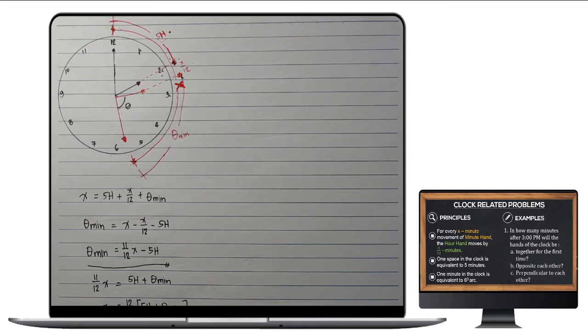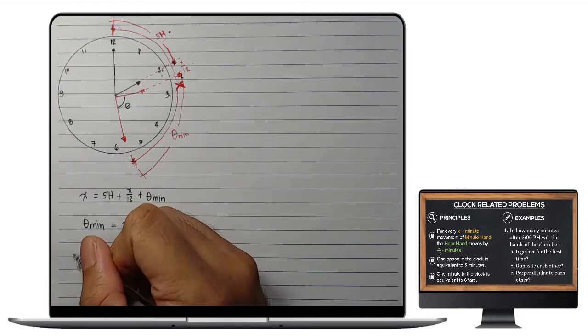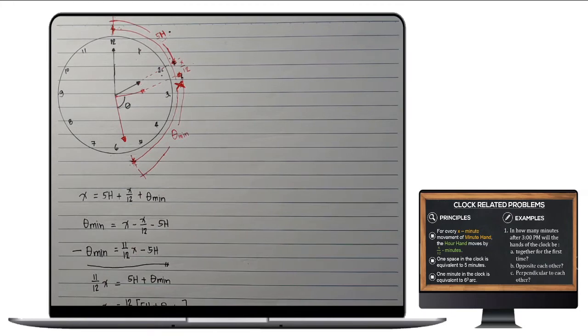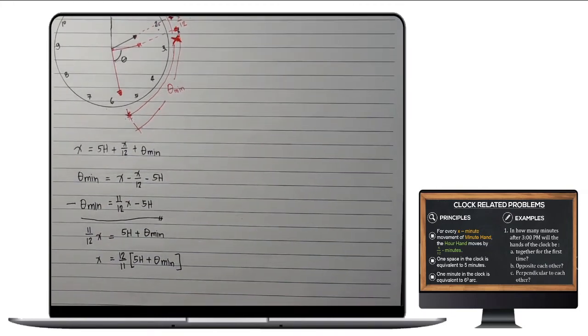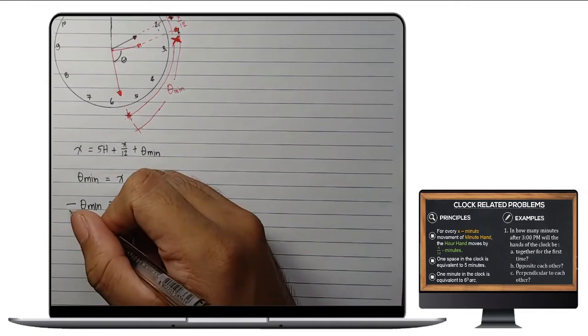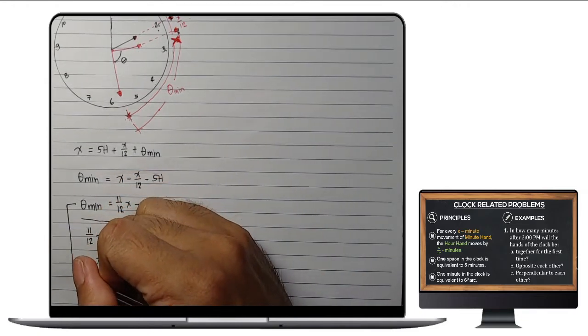The angle there, on most cases, is in terms of degrees. So, what will be our formula if our angle is in degrees? So, let's take it from this one. Okay? So, from this theta in minutes.